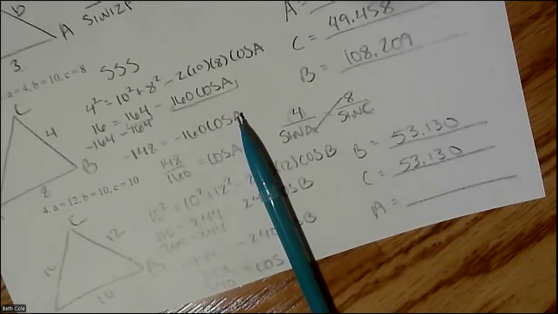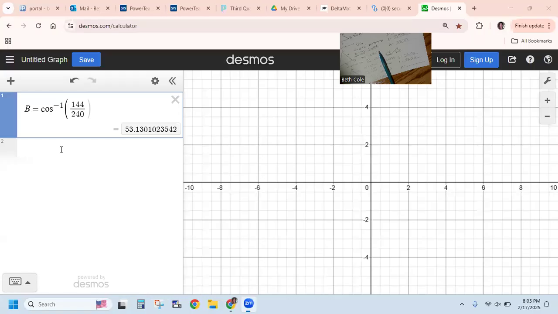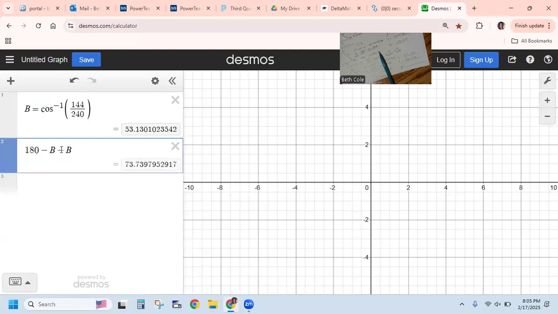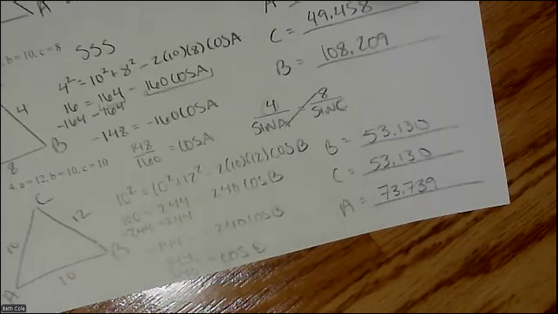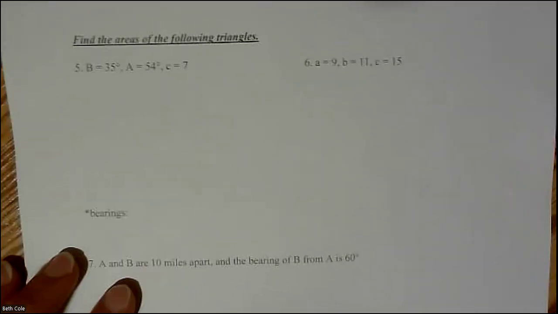So it's going to be 180 minus B and then minus B again, or you can do minus 2B, whatever suits you. But 73.739. All right, that is your law of cosines.